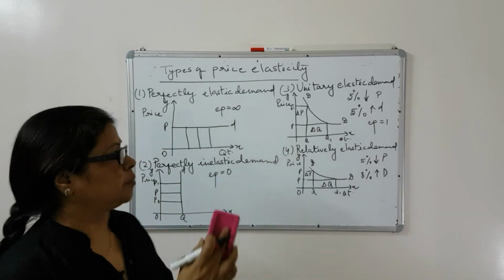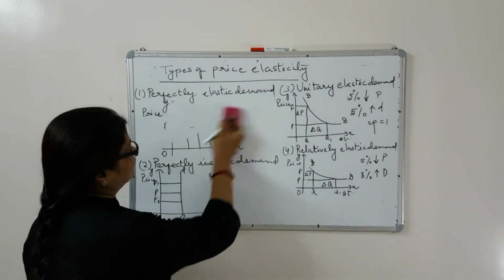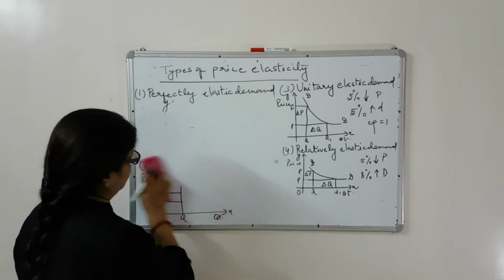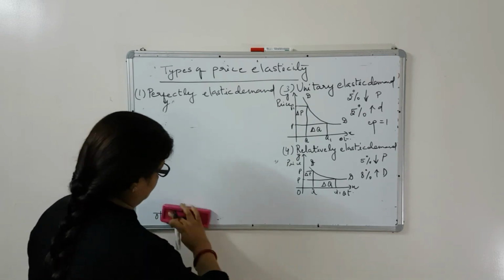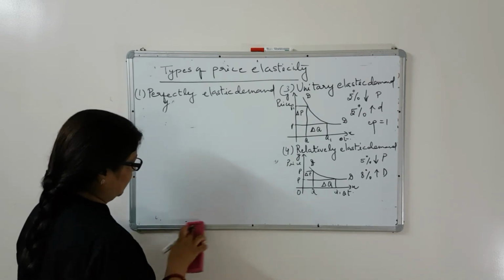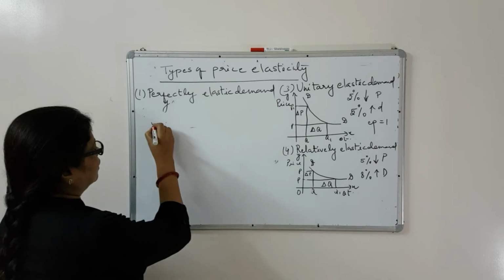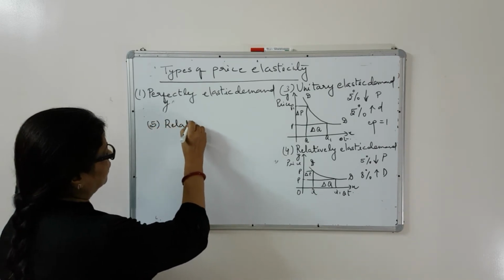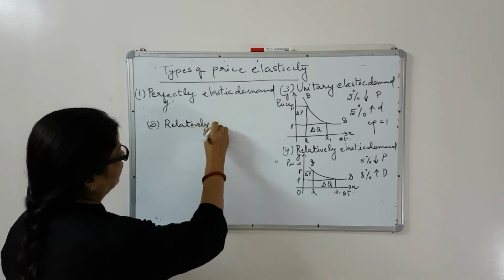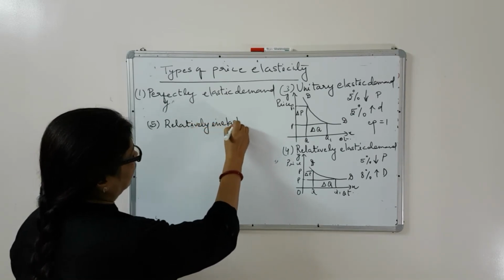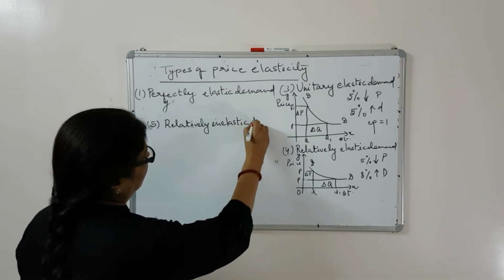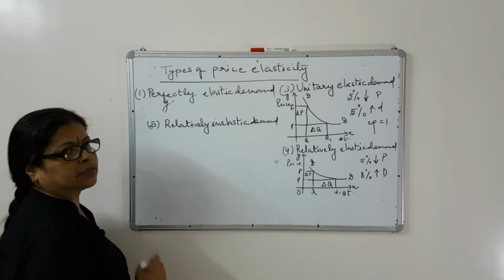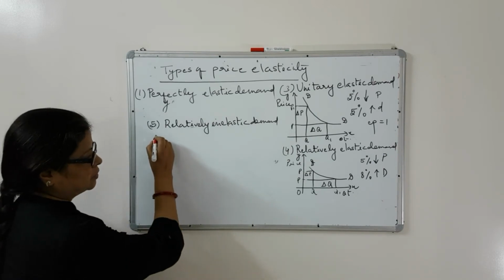The fifth type is relatively inelastic demand, which is applicable in case of necessity goods.